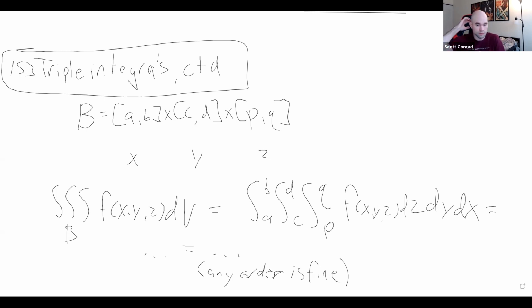So similarly to double integrals, we have simple regions, different types of simple regions, simple solid regions in R3 that we can integrate over. And we looked at z-simple regions.